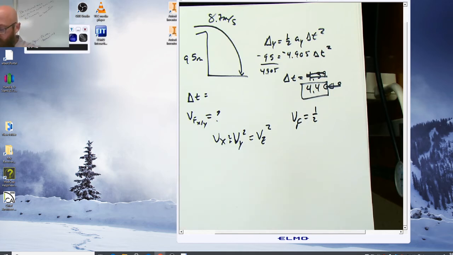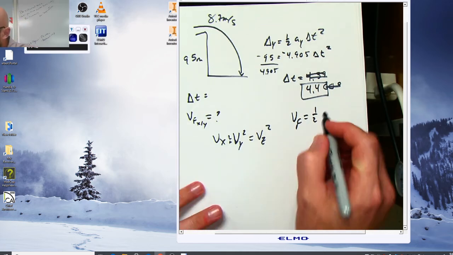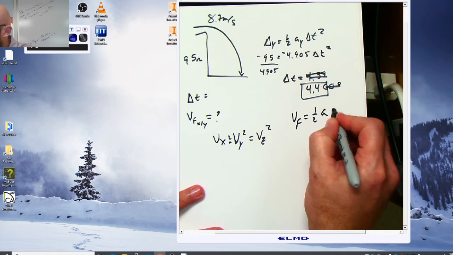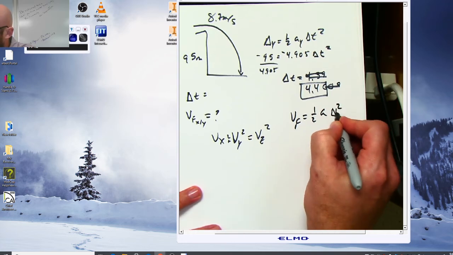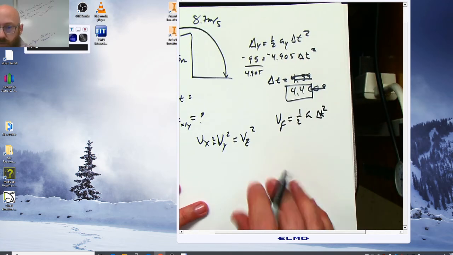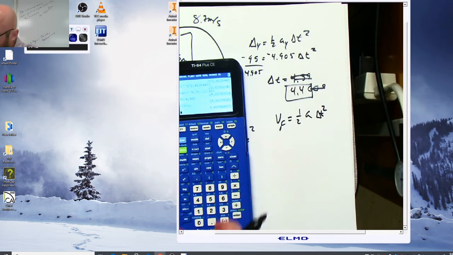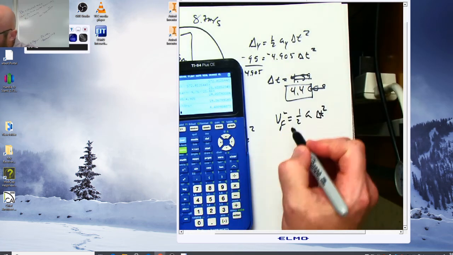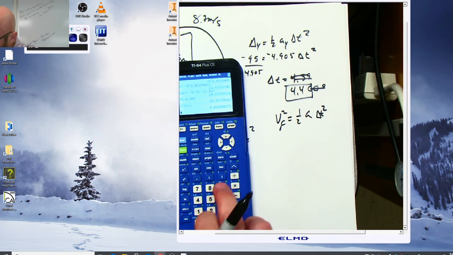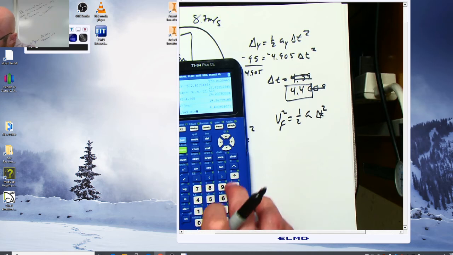Let's just use the simple one. Okay, V equals 1/2 times acceleration times delta t squared. So in this case, 9.81. 0.5 times 9.81 times 4.4 squared.